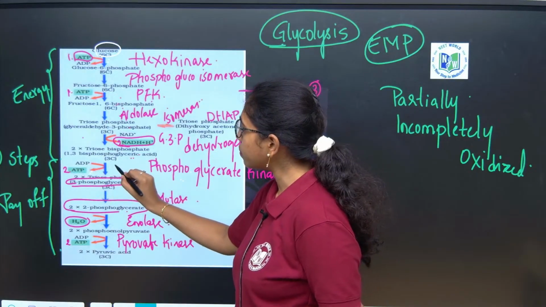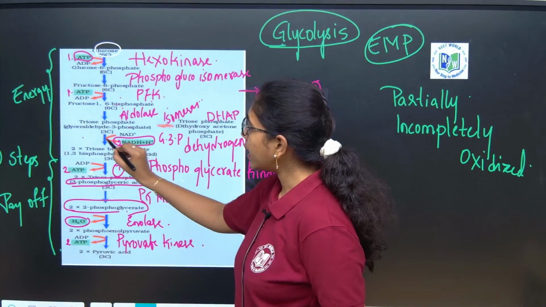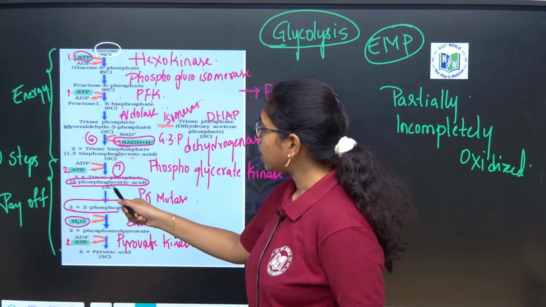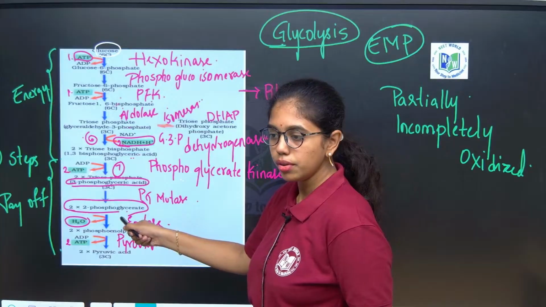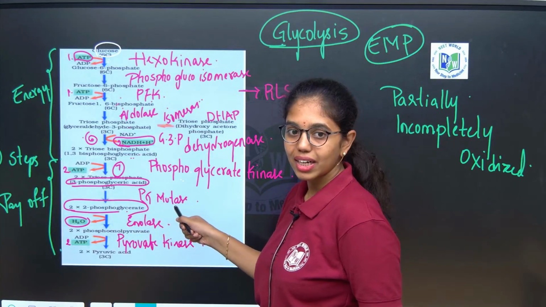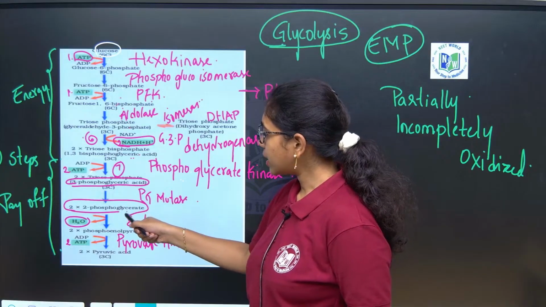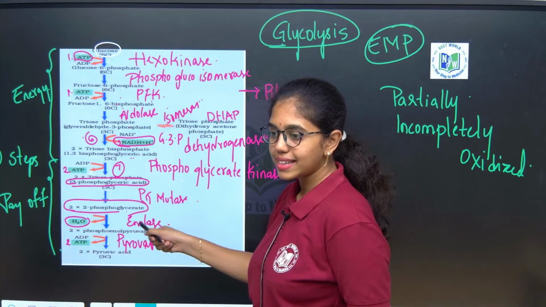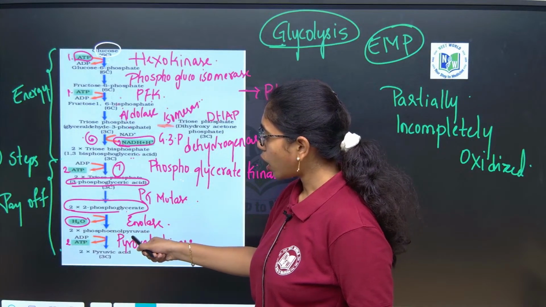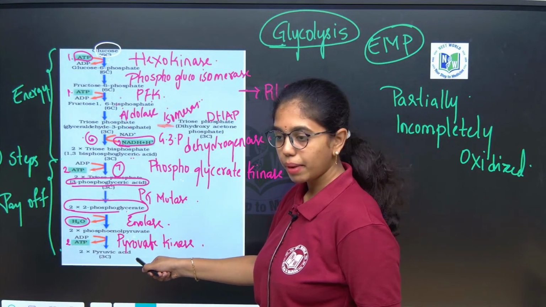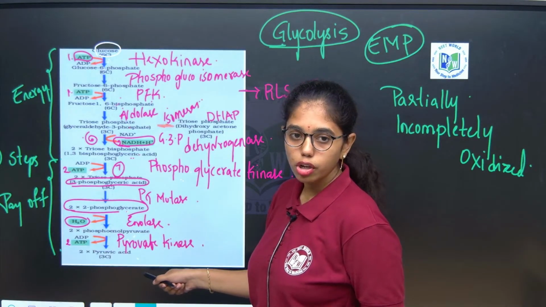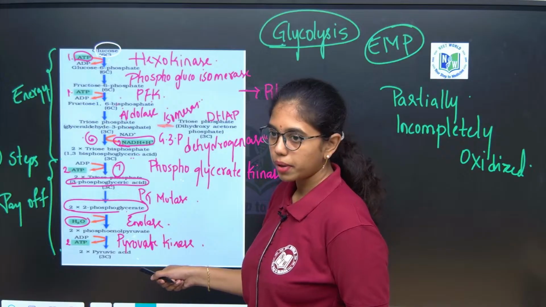Which step is this? 7th step, and NADH is released at 6th step. Do remember. Next, 3-phosphoglyceric acid to 2-phosphoglycerate by phosphoglycerate mutase enzyme. Next, this is by enolase enzyme, this is a hydrolysis reaction. Next is phosphoenol pyruvate by the enzyme pyruvate kinase, and at last 2 molecules of pyruvic acid are formed.